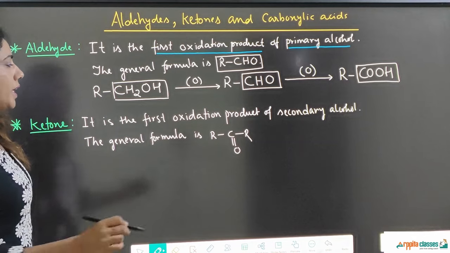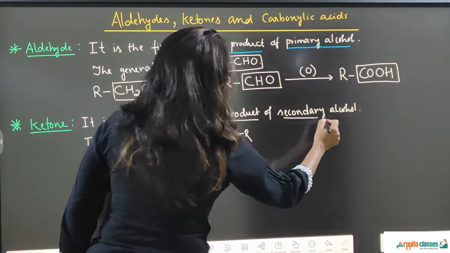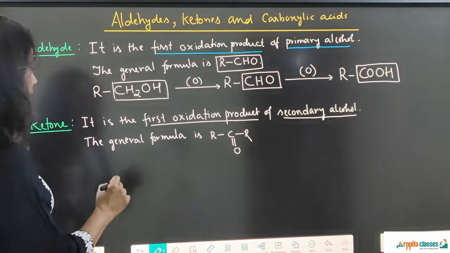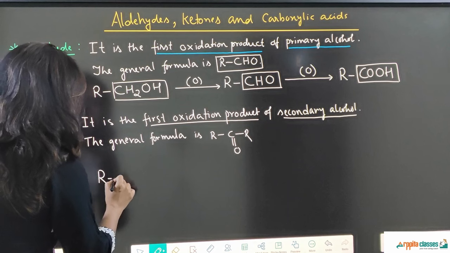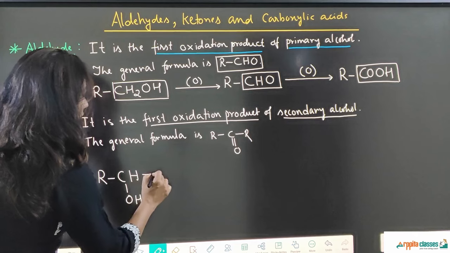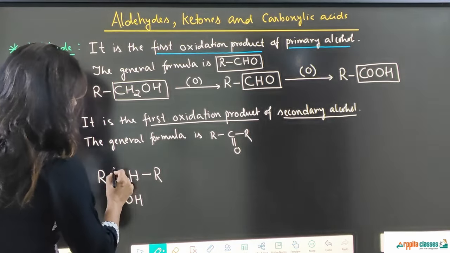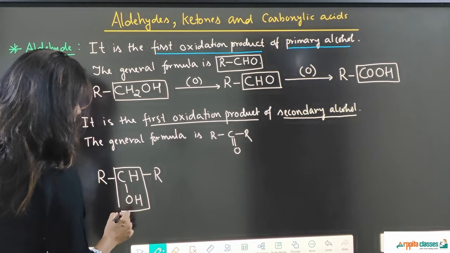Now ketone. Ketone is the first oxidation product of secondary alcohol. Okay, now what is secondary alcohol? If I have something like RCHOHR, or it might be R dash, different R or same R. CHOH is the functional group of secondary alcohol.